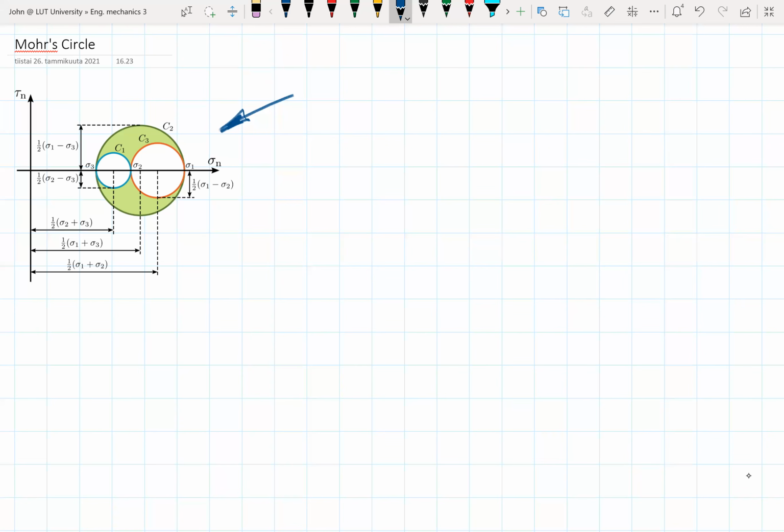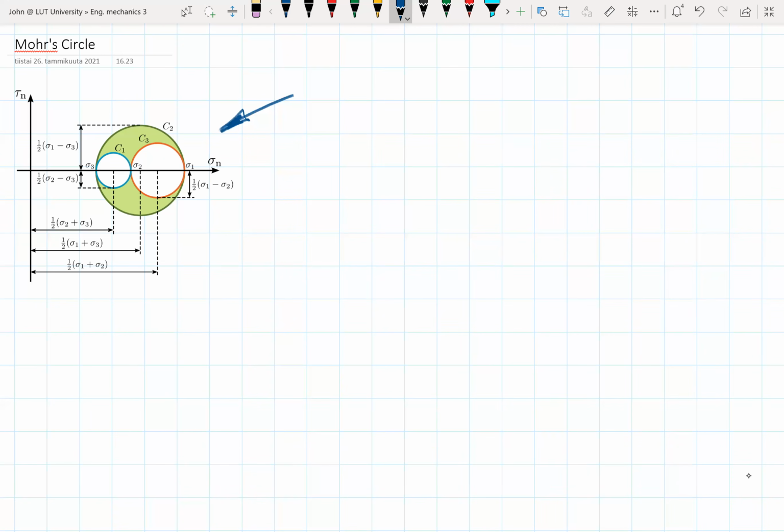Before going into the concept of a three-dimensional Mohr circle case, I want to start with the two-dimensional case, with a review of what was done.